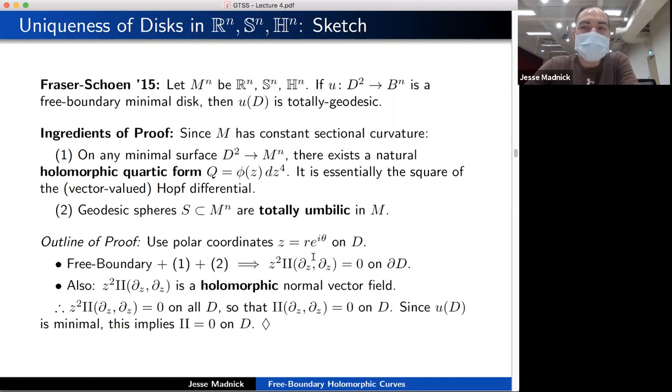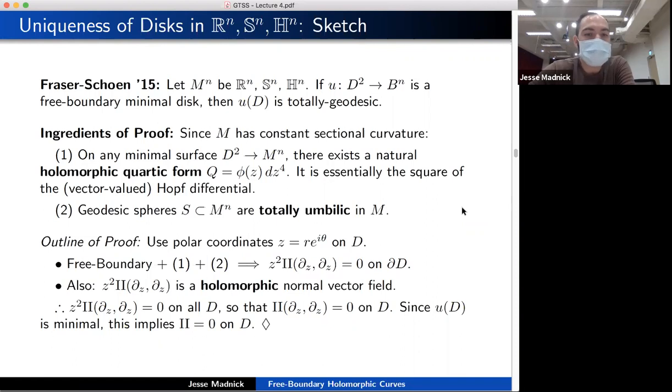Now that by itself wouldn't force the second fundamental form to vanish, but the thing is that the surface is minimal. And so if you couple this vanishing together with the trace of II vanishing, that does imply that the full second fundamental form vanishes. So your minimal surface must be totally geodesic.